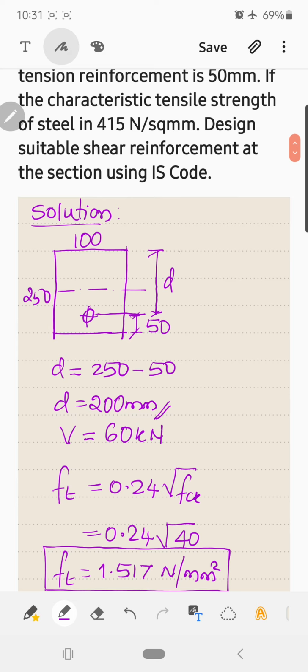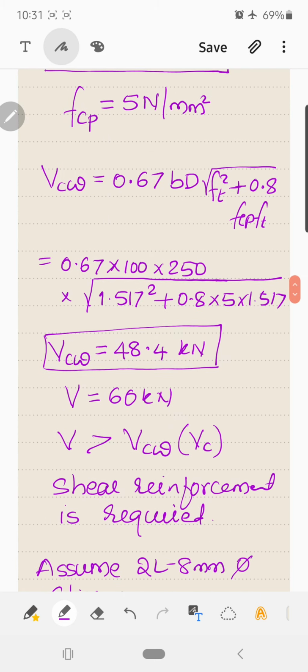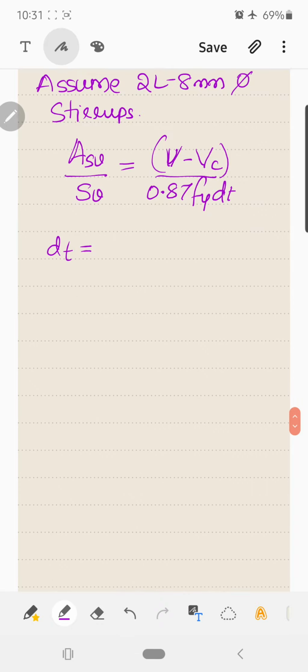Either to the longitudinal bars means up till here, which is nothing but dt is equal to d only. So dt is d, which is 200 mm.